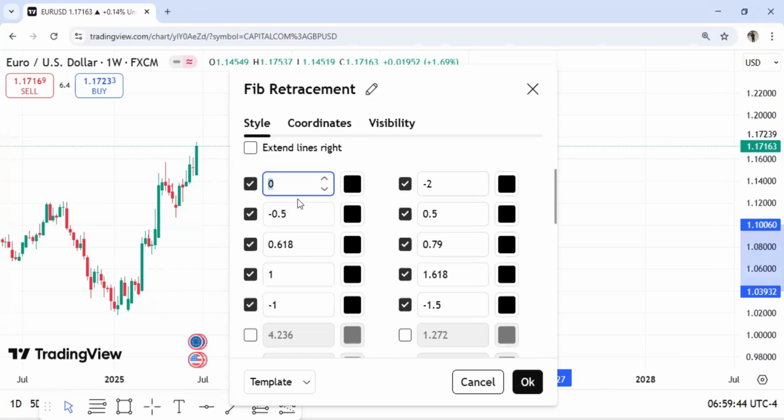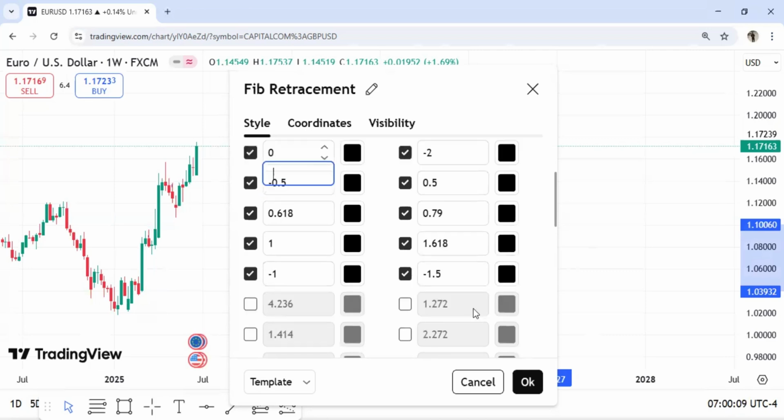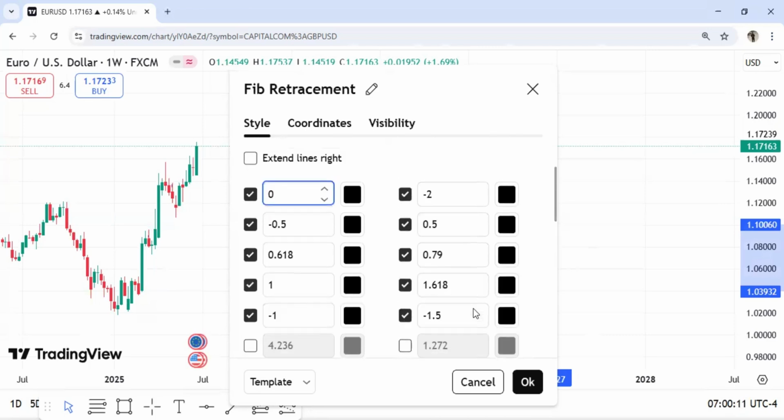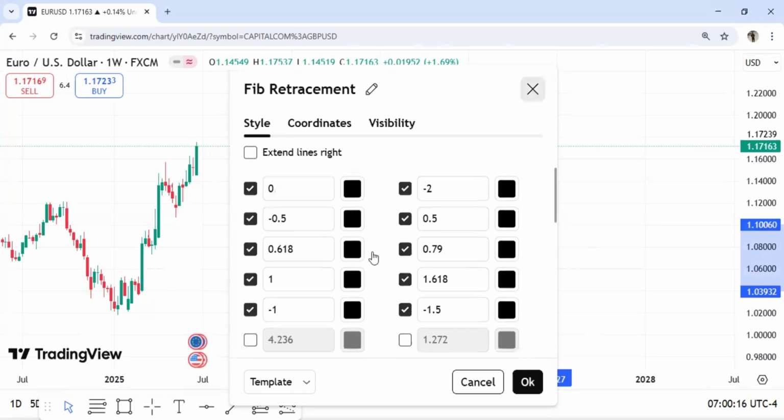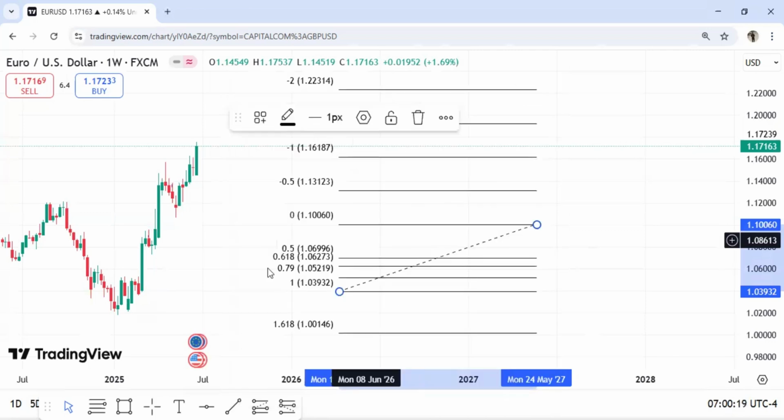So we have the 0.5 level, the 0% level normal, the minus 0.5, 0.618, 1, minus 1, minus 2, 0.5, 0.79, 1.618, minus 1.5. That is just how I set my Fibonacci retracement. And I guess you get that.